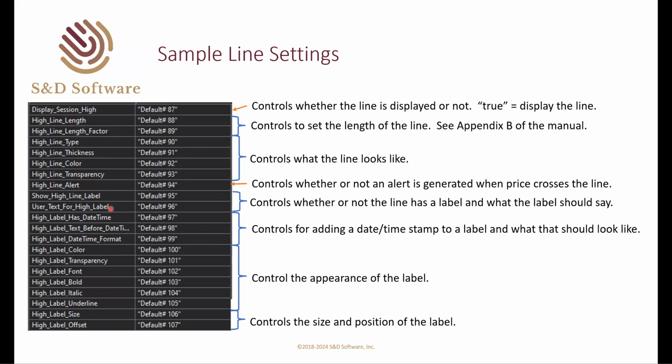You can also add a date and timestamp as well. And you can determine whether that date and timestamp should come before the user text that you put in here or after it. You will also have control over the format for the date and timestamp.